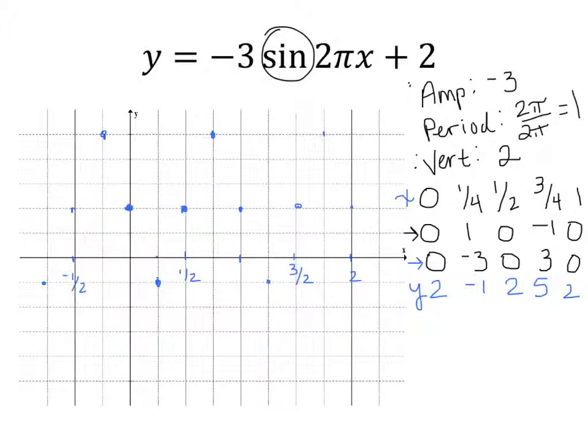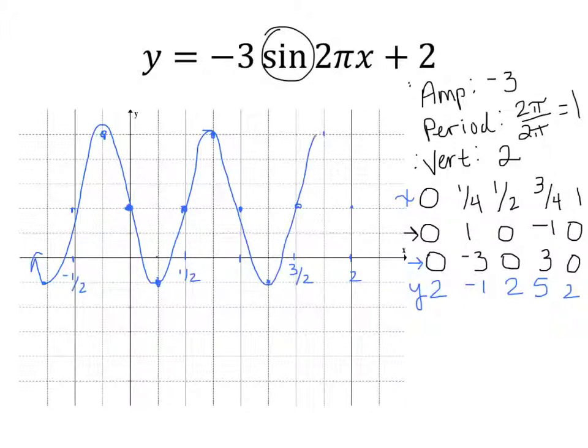And then I connect my points. Is it perfect? No, it is not perfect. But you can see that I knew what was happening. I knew what all the x values should be. I knew what all of the y values should be.